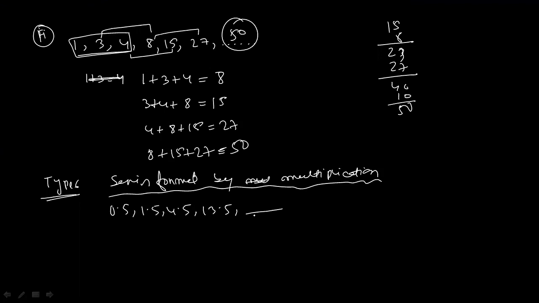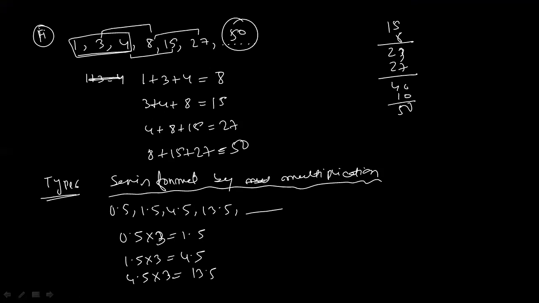What will be the next number? If you look at the series, this is multiplication. If you multiply 0.5 with 3, it will be 1.5. In the same way, 1.5 times 3 is 4.5, and 4.5 times 3 is 13.5.